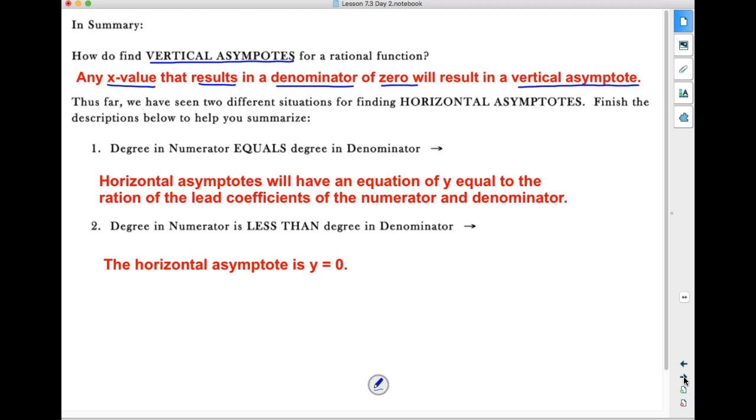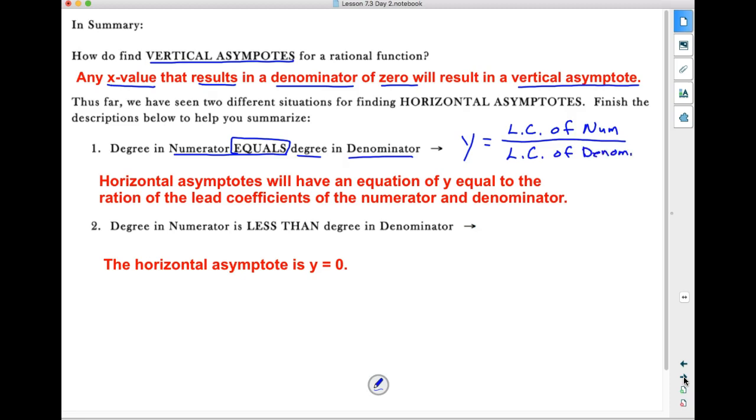Okay? Now we have two different kinds of horizontal asymptotes. If the degree of the numerator equals the degree of the denominator, then our horizontal asymptote is going to be y equals the lead coefficient of the numerator divided by the lead coefficient of the denominator.